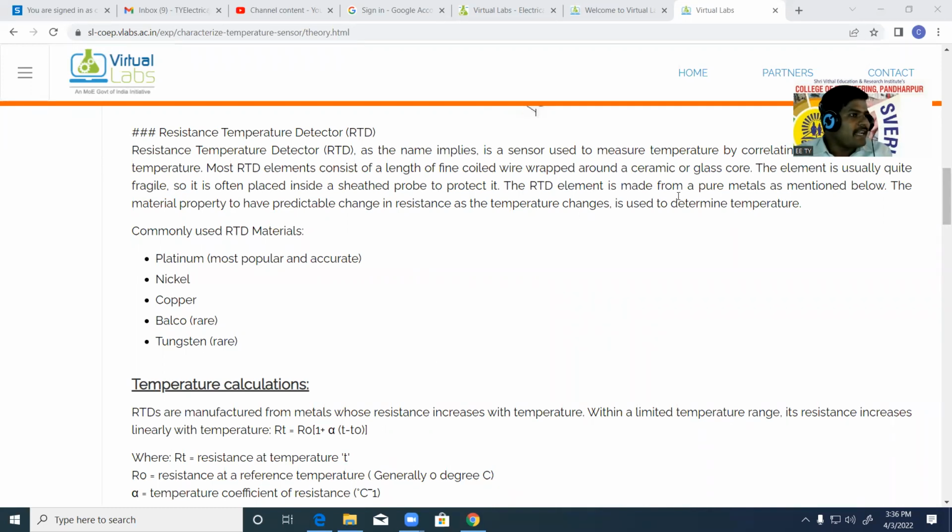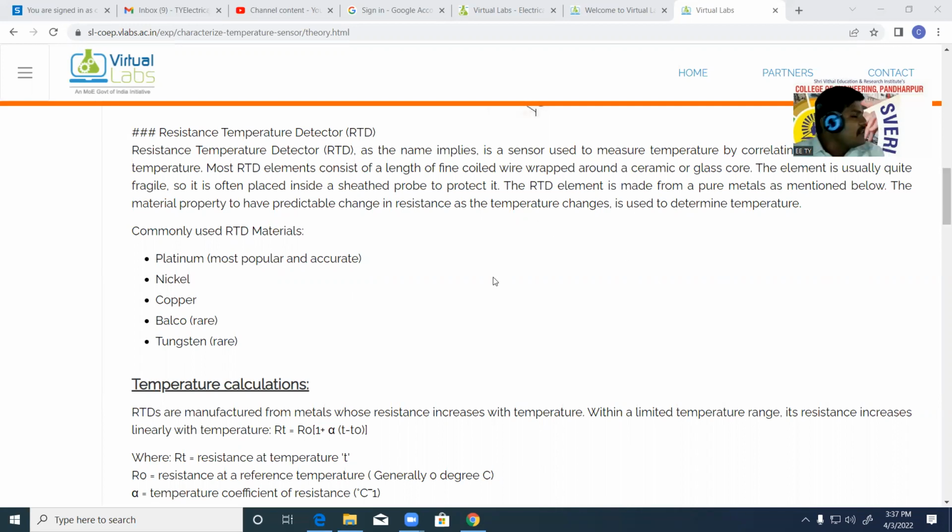So this RTD element, the resistance temperature detector, can be made using a pure metal. These are mentioned below, and these materials have the property of a predictable change in resistance as the temperature changes.